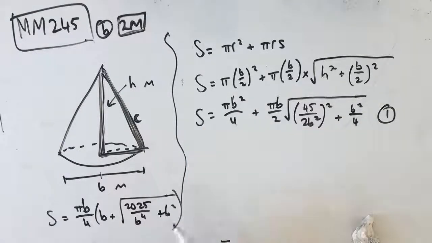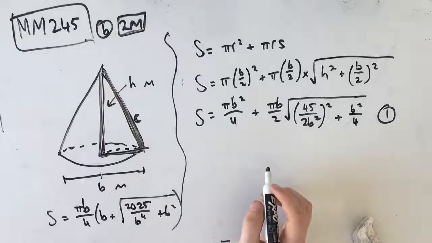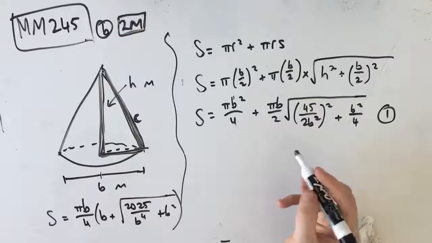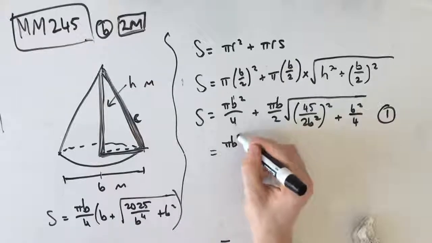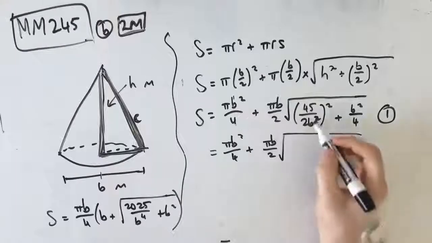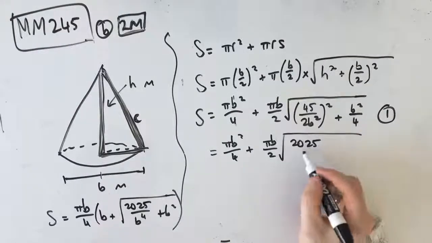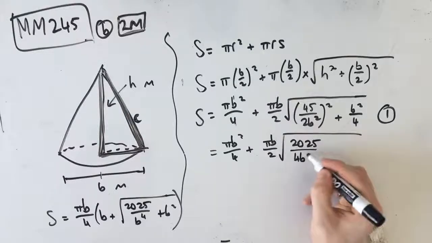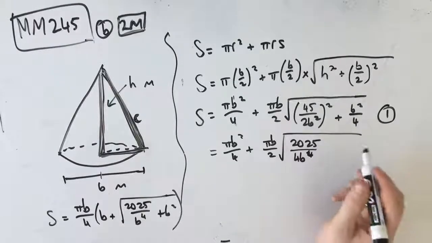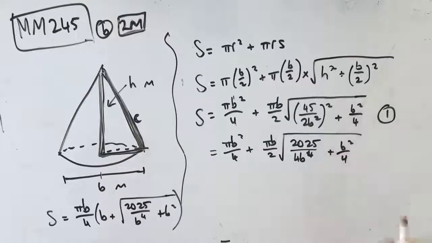Okay, so from here, let's just expand that out again. So πb/2 root, 45 squared is 2025. You can do this in your CAS because you've got that available. So we get 2025 over 4b to the power of 4, and then plus b²/4.